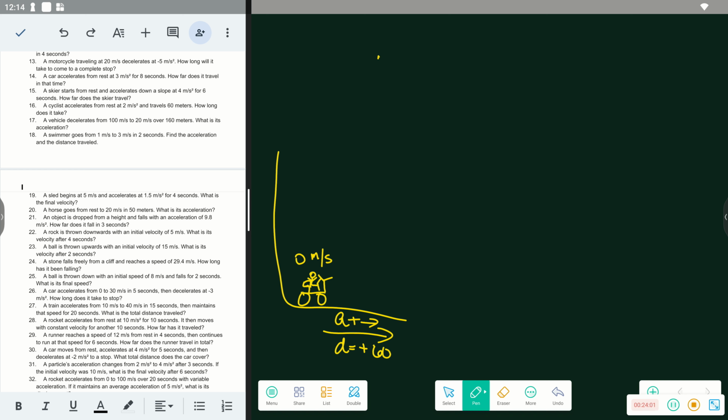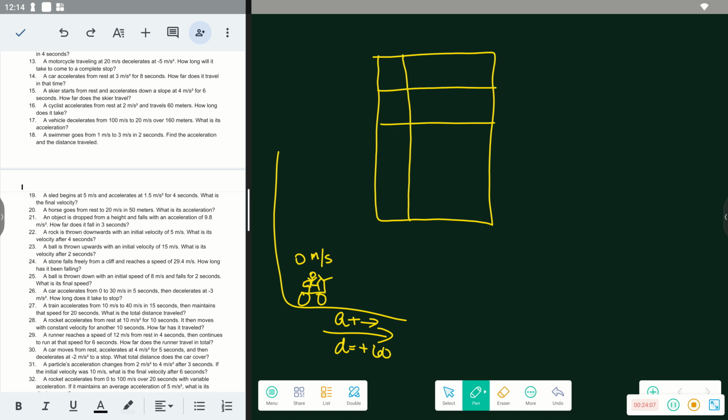All right, so VI, VF, A, T, D. Okay, what's your initial velocity? Starts from rest. What's your final velocity? Do we know it? No, we don't.